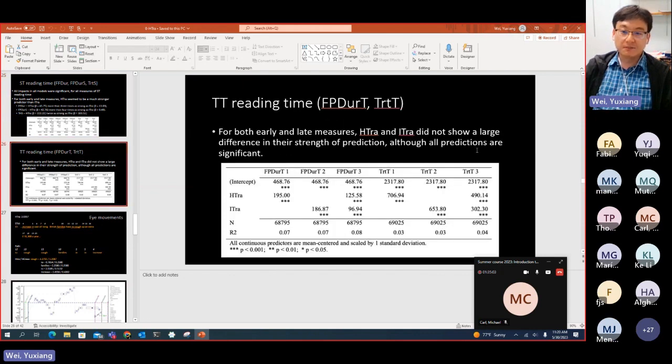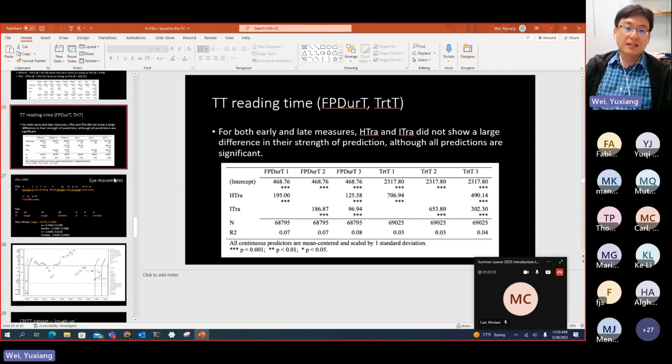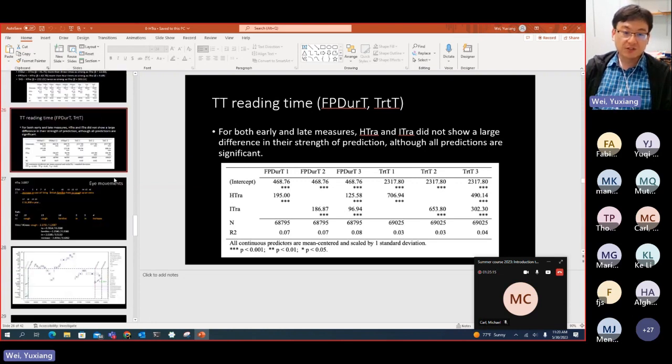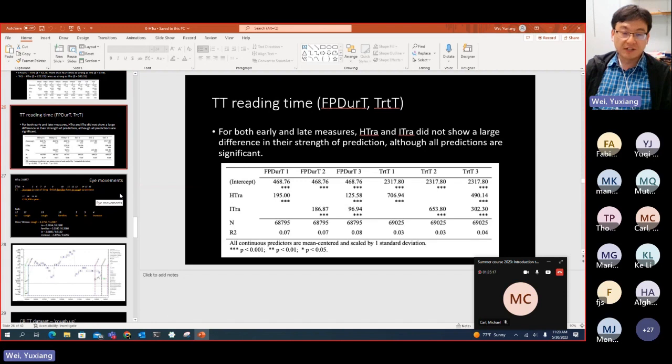For TT reading time, we don't really see a large difference between these two, although all predictions are also still significant. So that's just an example that I want to show of using regression analysis for this kind of research topic, and that compares these two metrics in predicting cognitive effort.